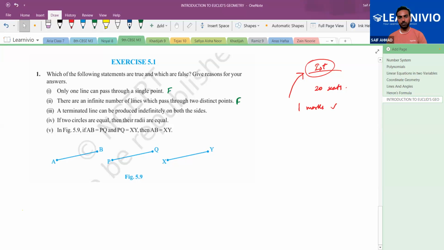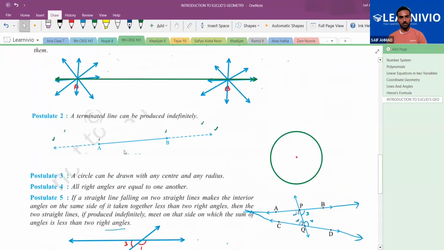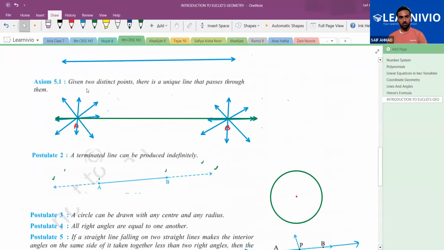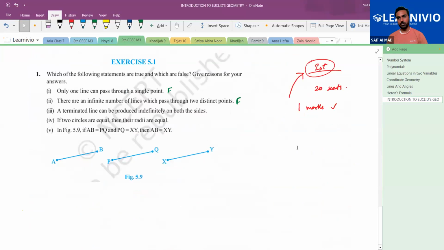What is axiom 5.1? You can see here there are only two distinct points and there is a unique line that passes through them. So it contradicts axiom 5.1. Understood?